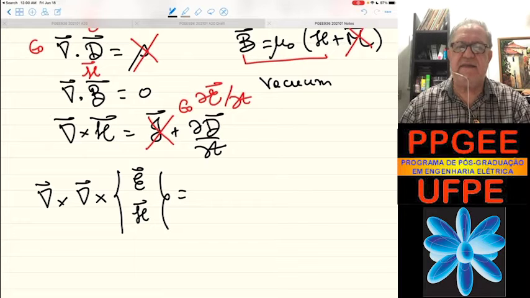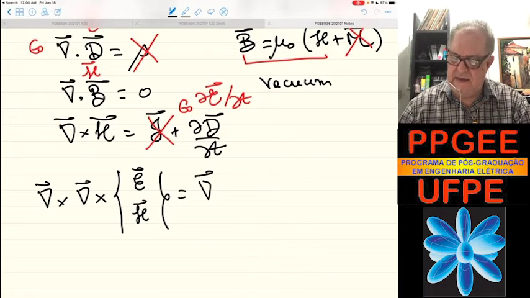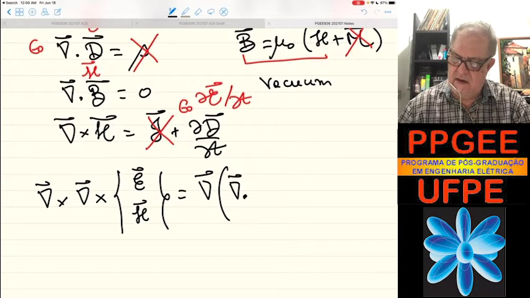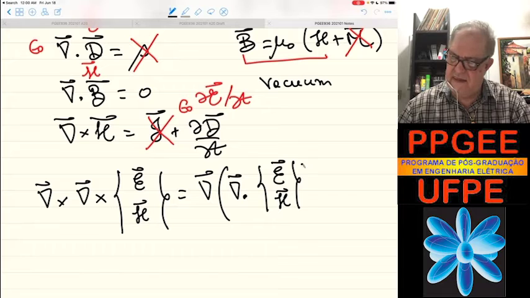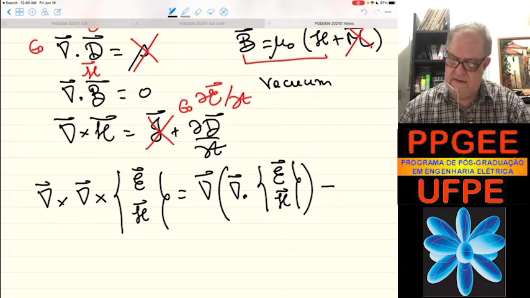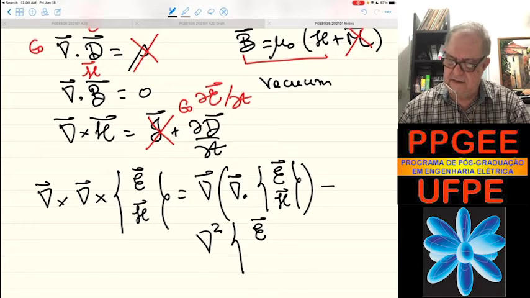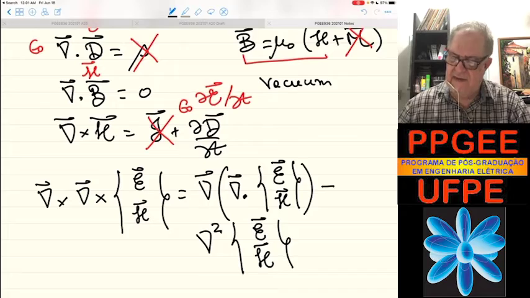we have that identity: gradient of the divergence of E or H, minus the vector Laplacian of E or H. That's what we get.